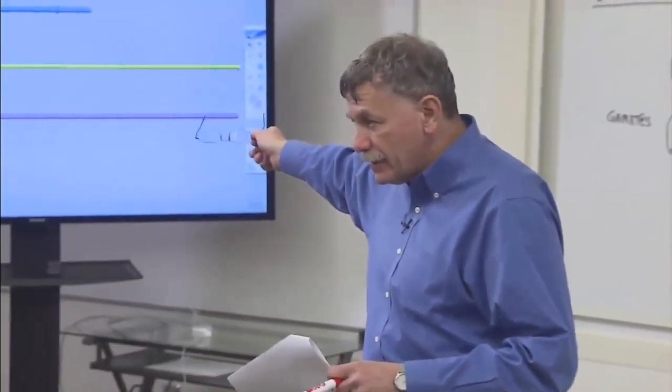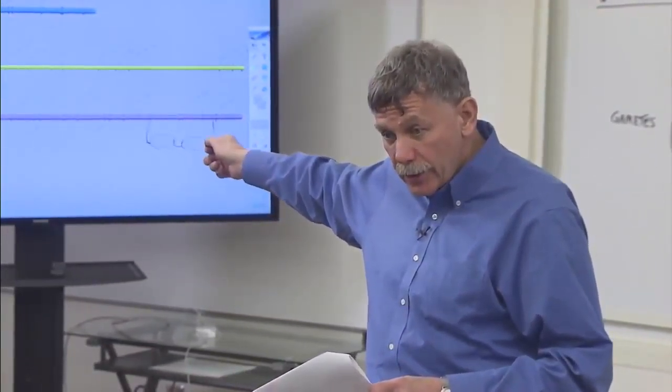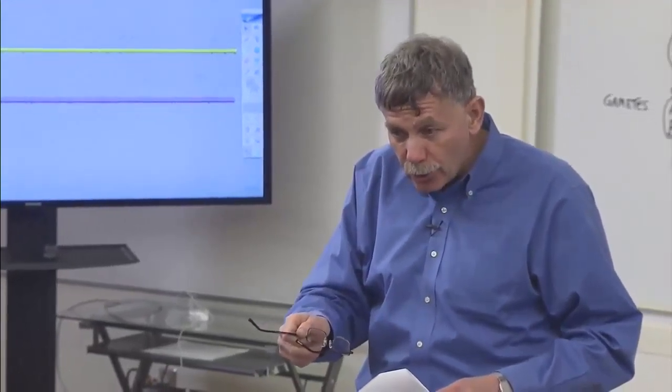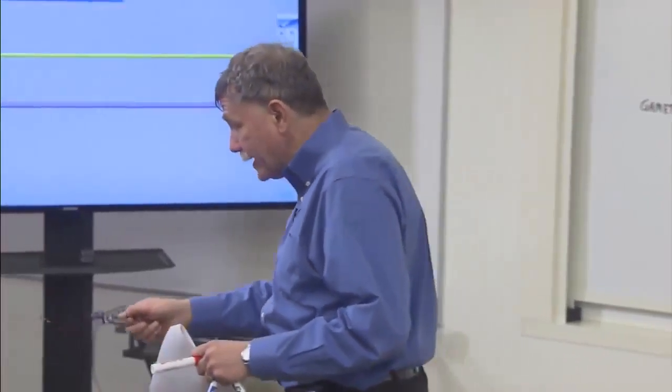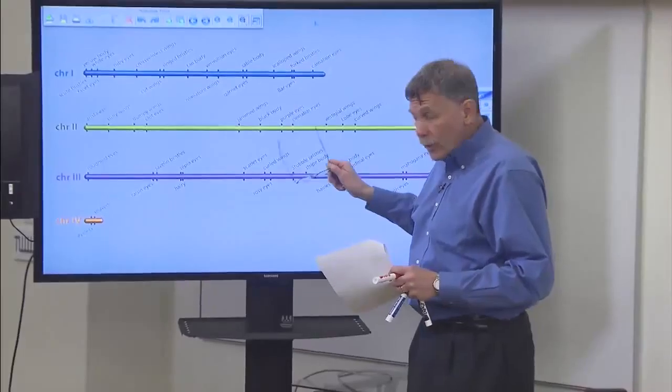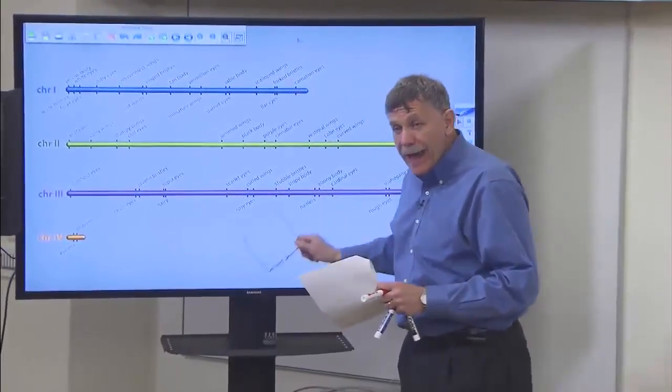Sturtevant teaches us how to build up maps of chromosomes and tell us the gene controlling curved wings or vestigial wings or black body or cinnabar eyes lives right over here. This one lives right over there, that one lives right over there.